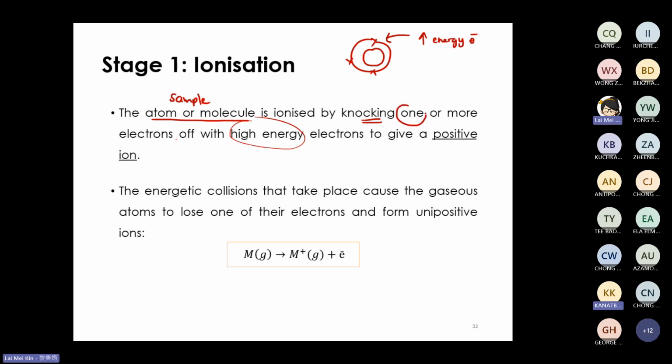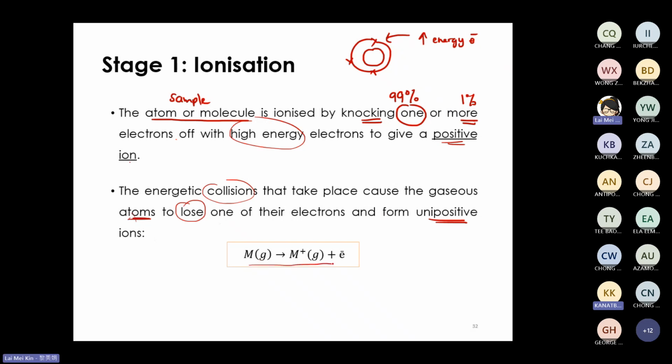Like I mentioned, 99% of the time, only 1 electron is removed. But 1% of the time, I will remove 2 electrons, once in a blue moon. So what will be produced is a positive ion. This collision, this knocking, causes the atom, the sample, to lose an electron and form a positive ion.